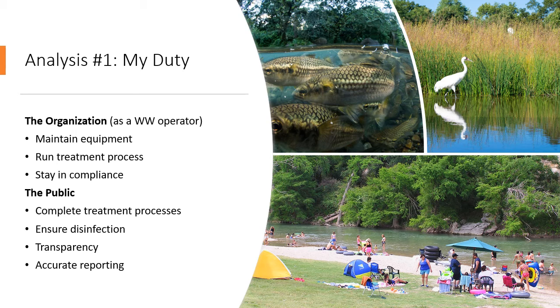So I need to be able to complete treatment processes before the water is discharged to receiving bodies of water. I need to make sure we are always disinfecting properly. There's transparency in the way I conduct myself and my rounds, and accurate reporting. So I have a duty to be honest and take into consideration downstream aquatic life, the environment, and the people who are using or in contact with that receiving body of water.